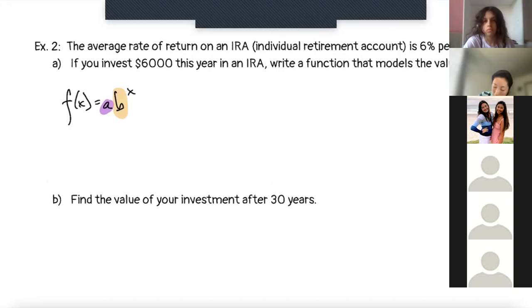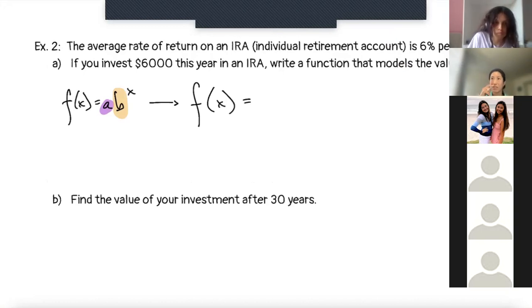I know that someone had suggested earlier, what if you did the work for b on the side? So let's just show what that might look like in terms of your work. But are there any guesses for your a value? What's our little a value here? 6,000. Yeah, exactly. All you're doing is putting $6,000 of your well-earned money into this account.